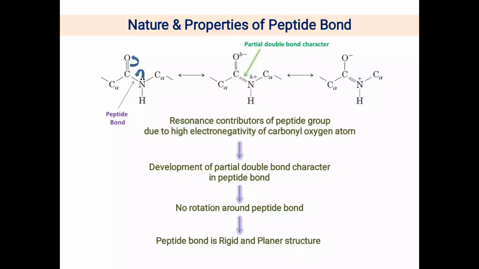But this bond is not as simple as it seems. The peptide bond looks like a single bond, but it shows a partial double bond character, which is quite different from any other amide bond or primary amine bond.